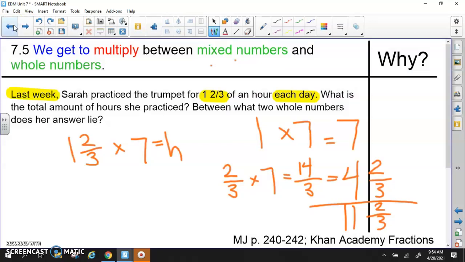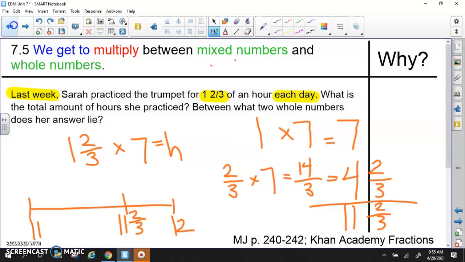So the other question is, between what two whole numbers does the answer lie? Here's the easiest thing. Tell me about it. Yeah, the two wholes, and I like that.